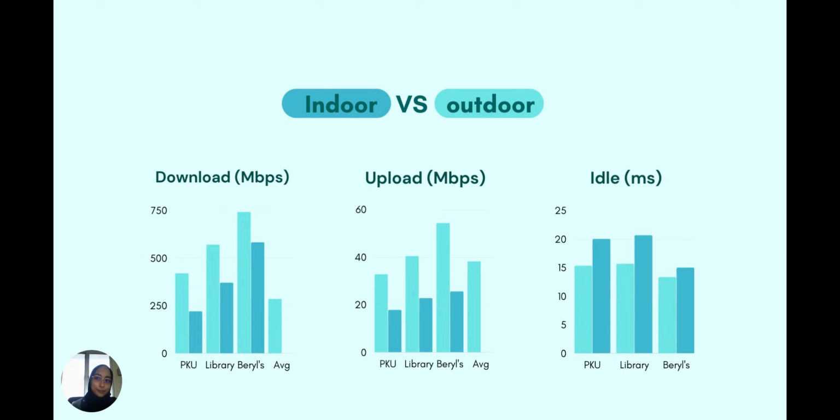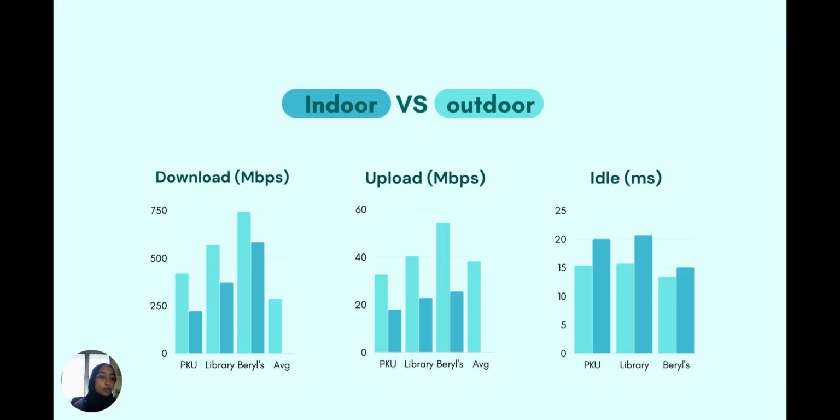Hi, Elena here. So let us dive into the indoor and outdoor comparison, where the indoor measurement is presented in a darker blue color over here, and the lighter blue color represents the outdoor measurement. Both the download and upload measurements have shown that outdoor gave better data transmission and reception than indoor.